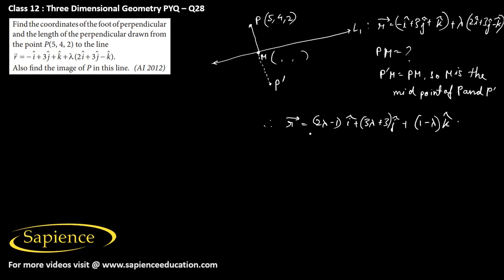So then r vector is this. So therefore, the coordinates of the point M are (2 lambda minus 1, 3 lambda plus 3, 1 minus lambda).